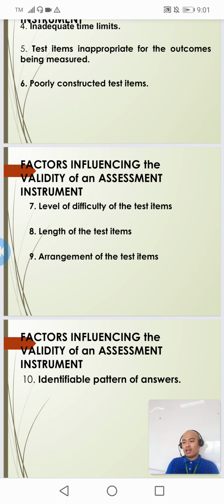A test should have a sufficient number of items to measure what it is supposed to measure. If a test is too short to provide a representative sample of the performance that is to be measured, validity suffers accordingly. This is again from Asaad 2004. Okay?